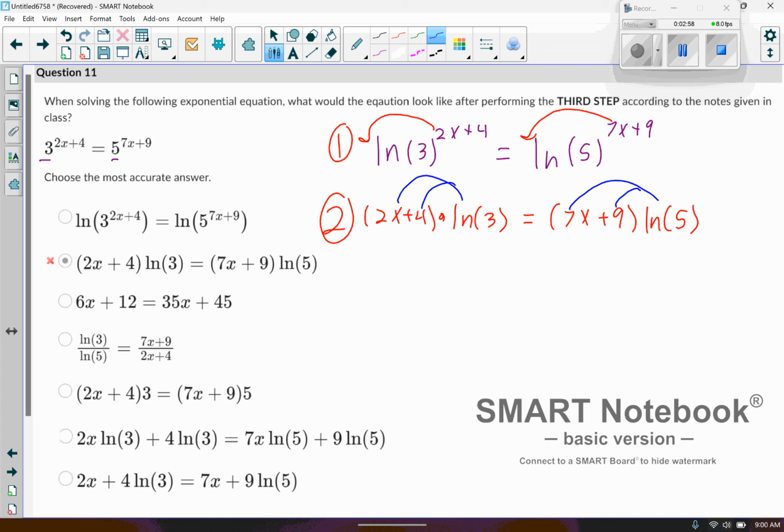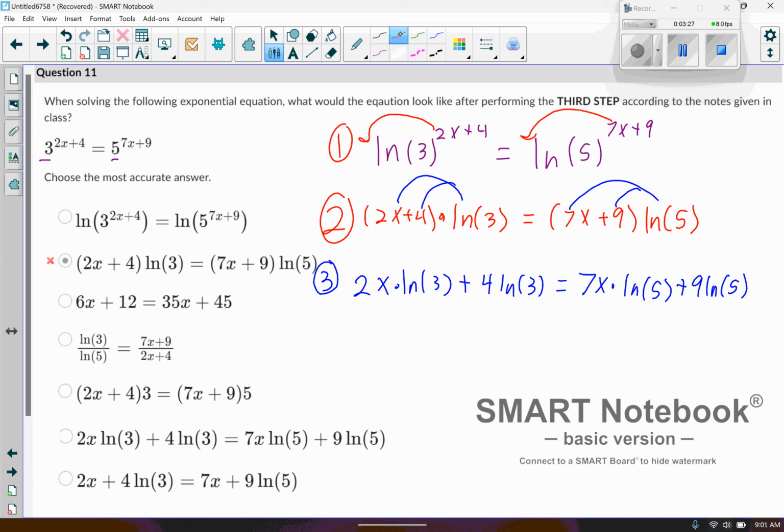And so I'm going to have 2x times the natural log of 3 plus 4 times the natural log of 3 is equal to 7x times the natural log of 5 plus 9 times the natural log of 5. And so that's my step 3. That's actually my answer right there.